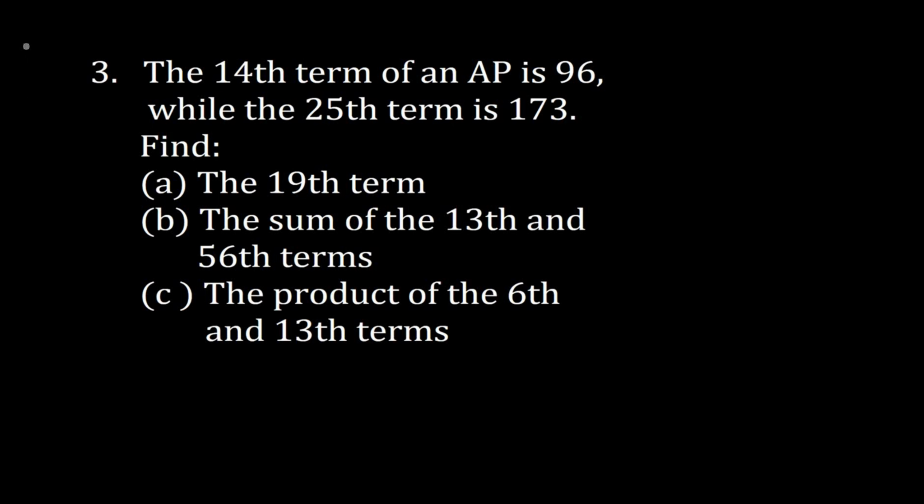B. Find the sum of the 13th and the 56th terms. So the 13th term is equal to the first term plus the common difference 7, times 13 minus 1.